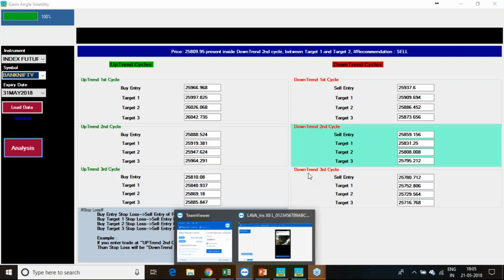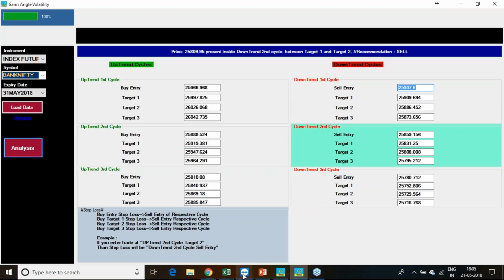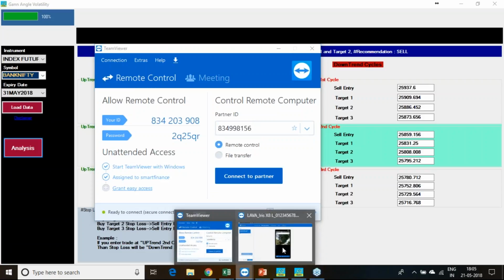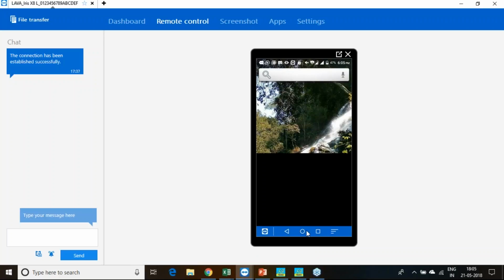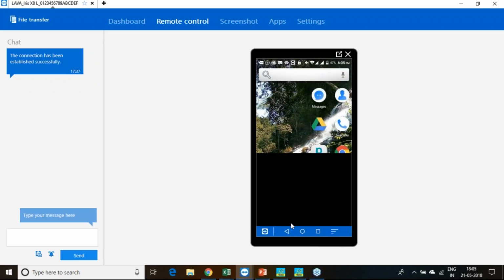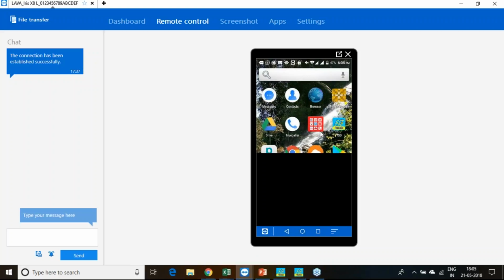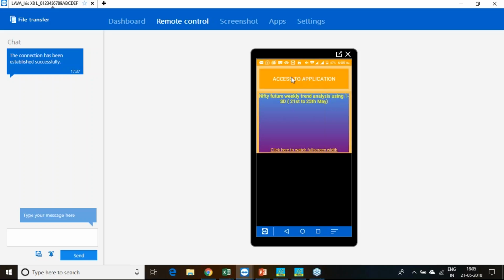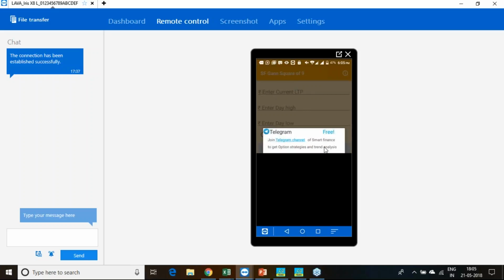So this is the TeamViewer interface. I will go to the Gann square of 9 tool. So this is the tool.